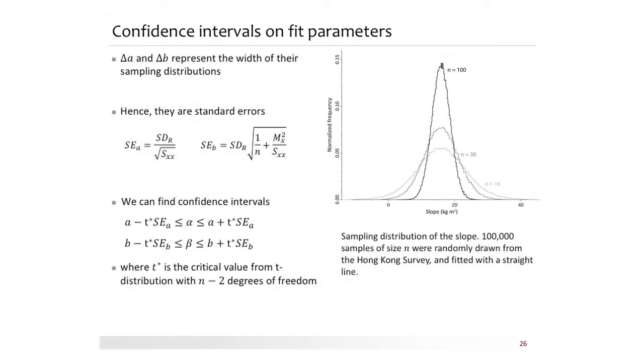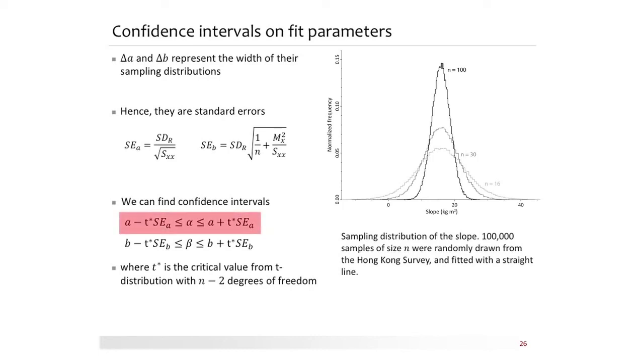So these equations from the previous slide are actually standard errors. This is the equation for the standard error of the slope. This is the equation for the standard error of the intercept. And then we do a t-distribution approximation, and we can find confidence intervals exactly the same way as we did it for the mean.